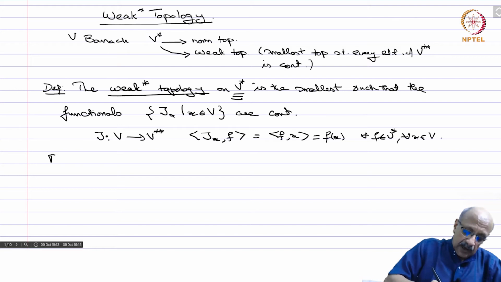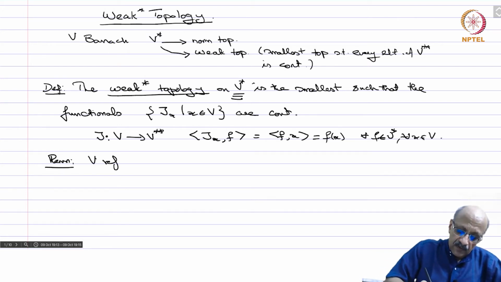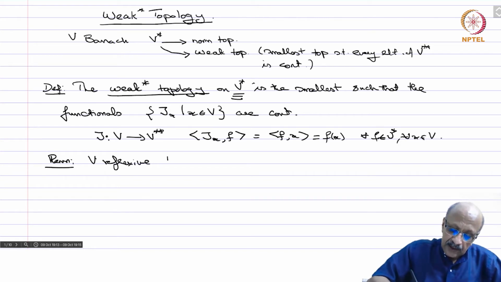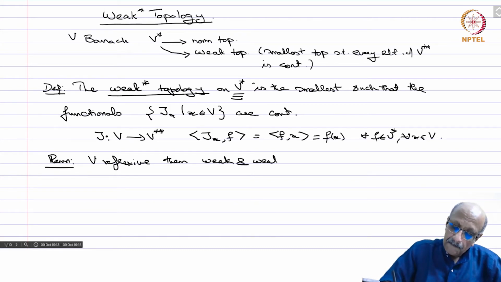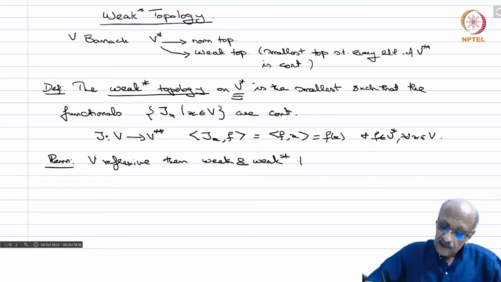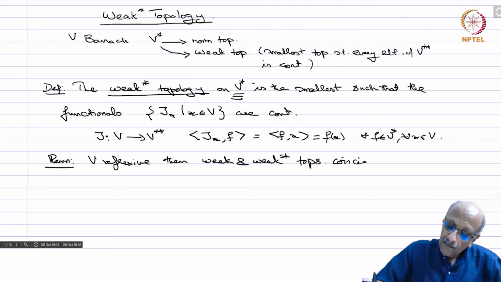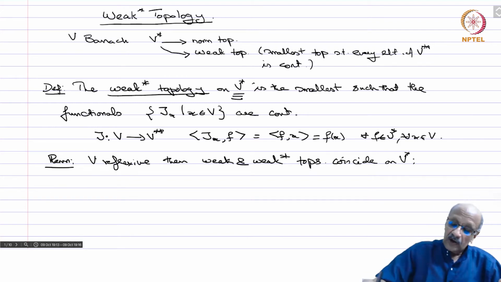So immediate remark: if V is reflexive, which means J is onto, then there is nothing new. Weak and weak star topologies coincide on V star. So this makes sense only in the non-reflexive case.